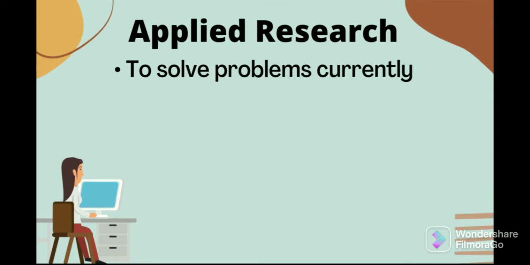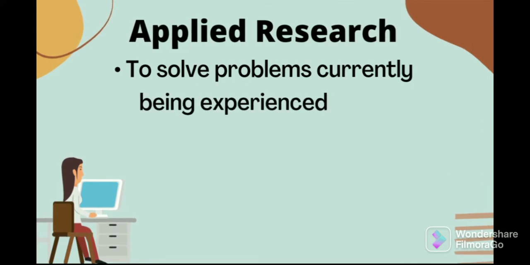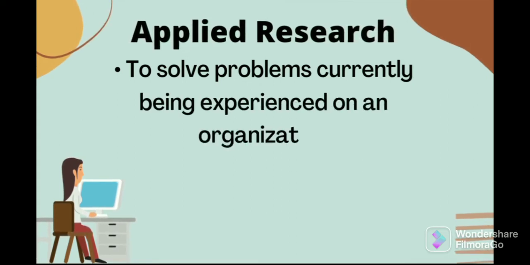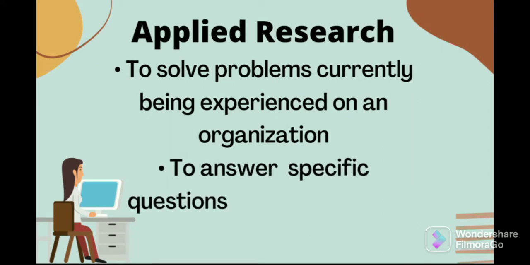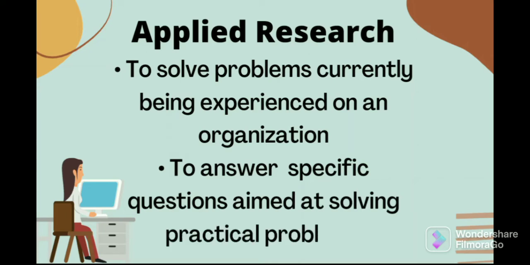The goal of applied research is to solve problems currently being experienced in an organization and to answer specific questions aimed at solving practical problems. This research solves the practical problems of people in daily lives. It involves creation, invention, production of something that people can use.